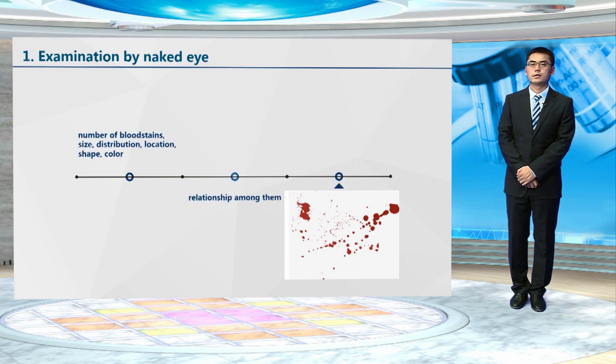The first part, examination by naked eye. In general, visual inspection focuses mainly on the number of bloodstains, size, distribution, location, shape, color, and the relationship among them.